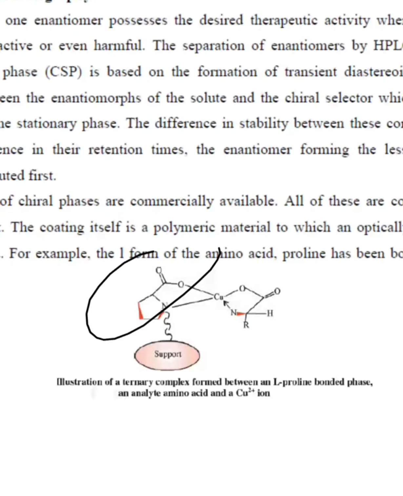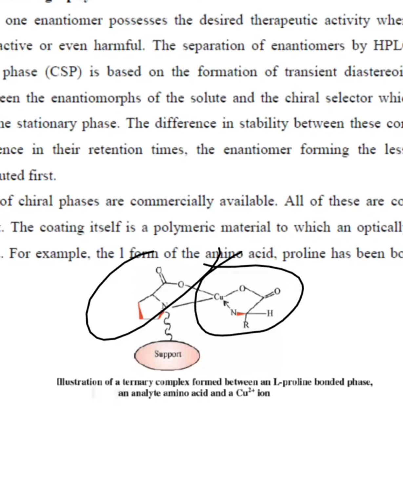The materials used in the stationary phase for separation can be natural proteins, cyclodextrin, or polymers of cellulose and amylose, and macrocyclic glycopeptides can be used in the stationary phase in chiral chromatography. So, for example, here we are taking one amino acid, proline, which has been bonded with divinyl benzene, and a cross-linked copolymer has been formed here.